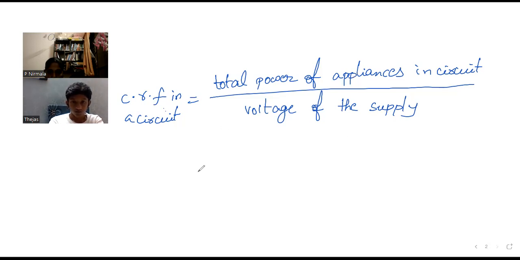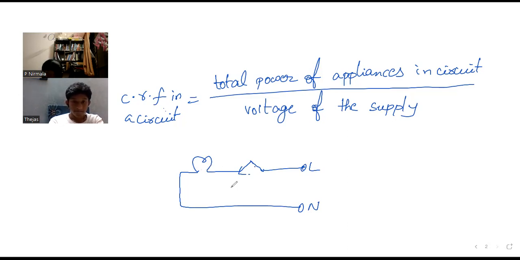Here, suppose a bulb is there, and we have a switch here. This is the off position. This is the live wire, this is the neutral wire. If it is off, no current passes. If it is on, then current passes.